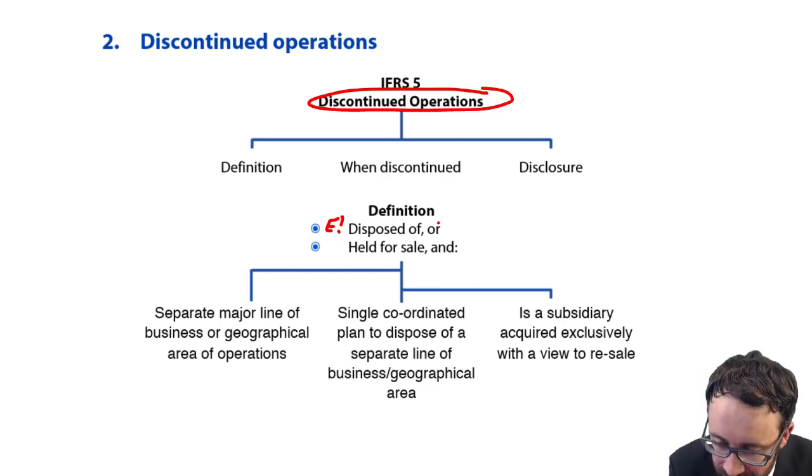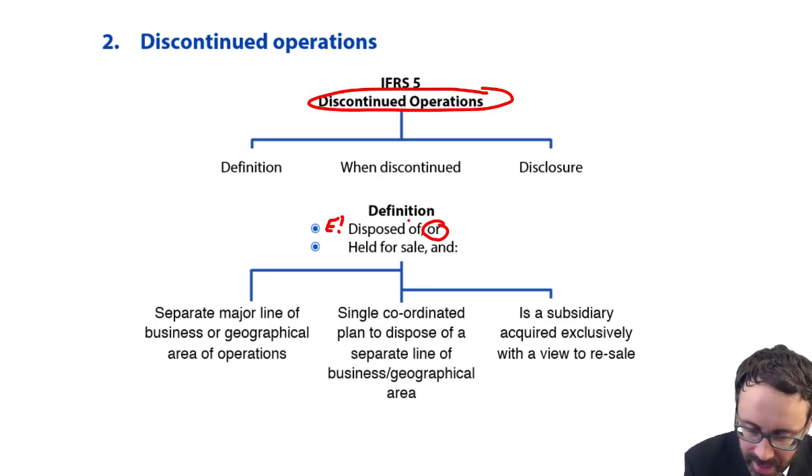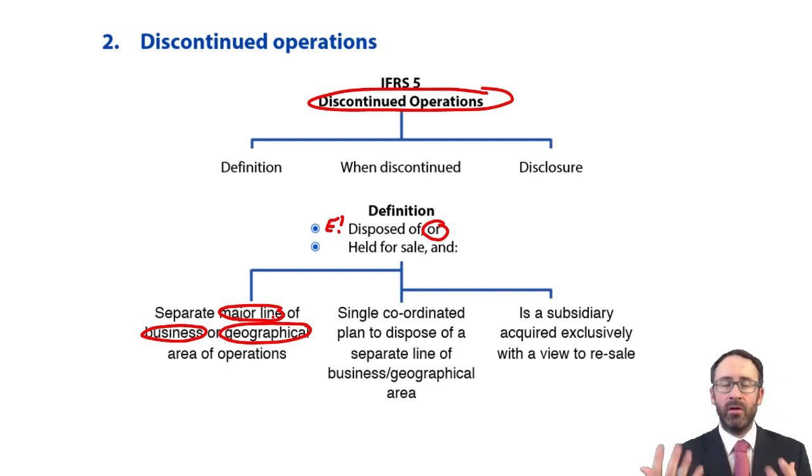However, what happens if we haven't sold it? Maybe we're looking to sell it next year. Okay, so it could be held for sale, in which case it is a discontinued operation, but it needs to be a separate major line of business or geographical area of operation.